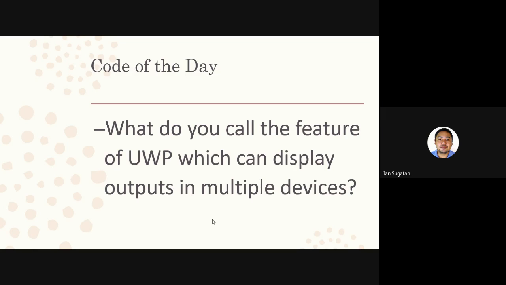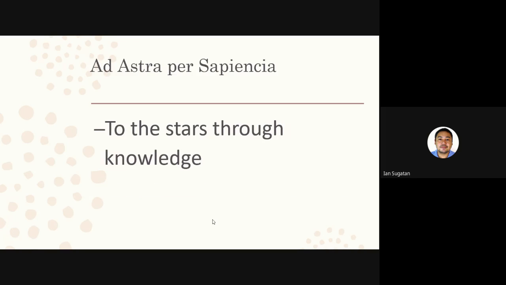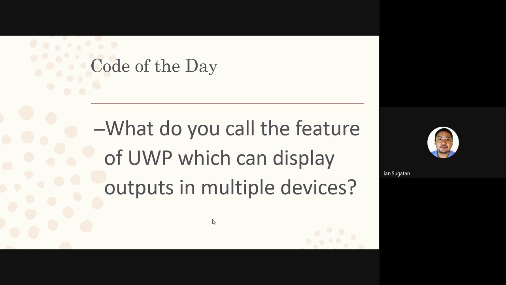So for your code of the day, guys, before we go to it, your activity was not posted yet. Later on, I will post your activity. So the code of the day: what do you call the feature of UWP which can display outputs in multiple devices? The answer for this is our lesson for today.